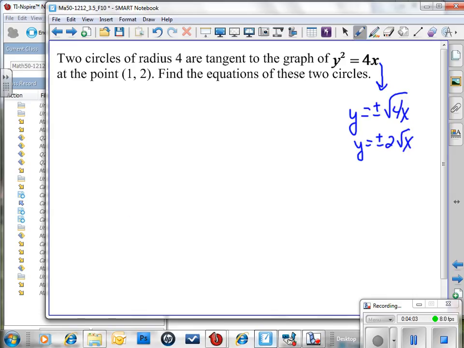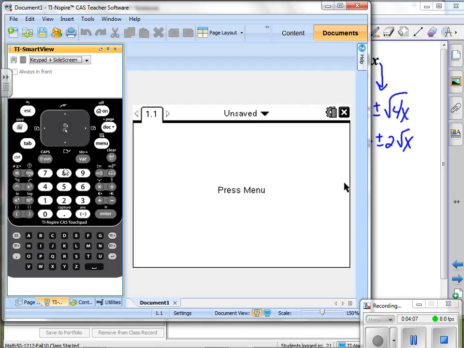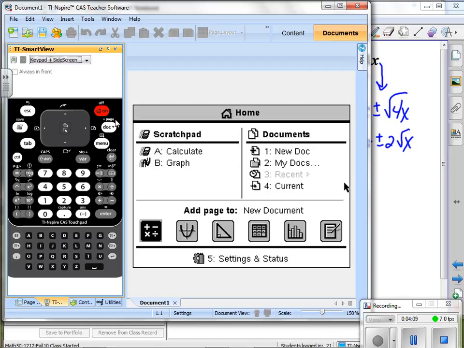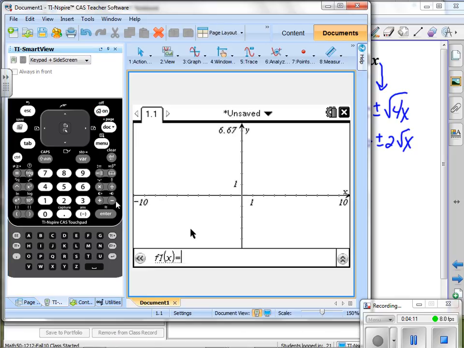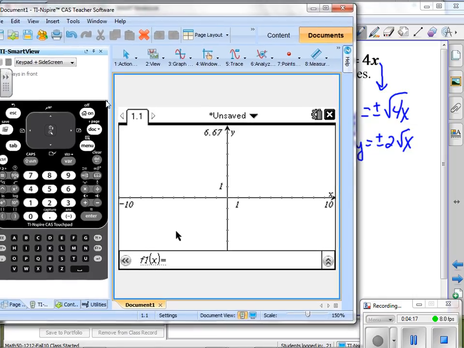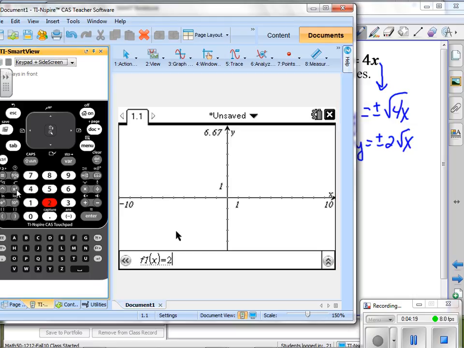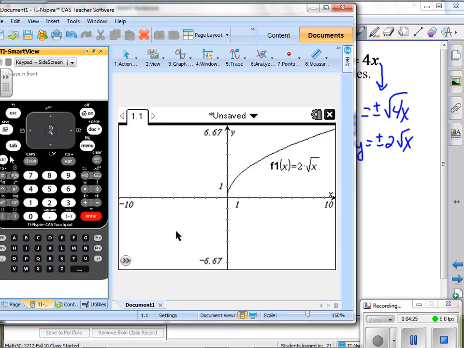So let's do this one because we really do need to get a picture of this. So take your Inspires, go to a graph page, and let's put in 2 square root of x, and let's put in -2 square root of x.